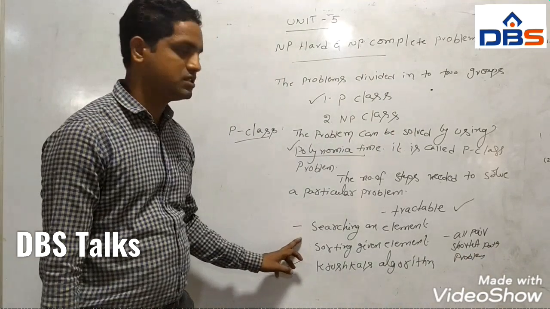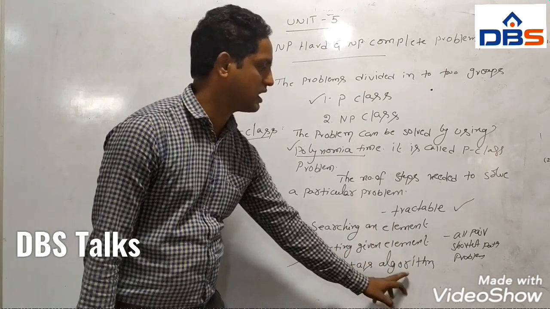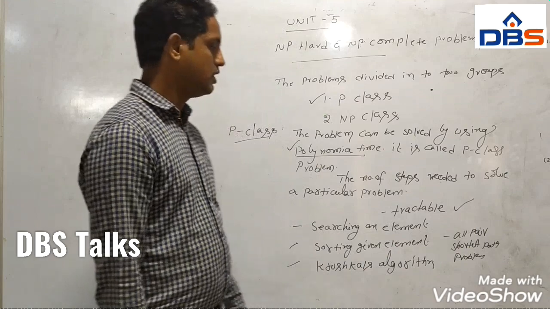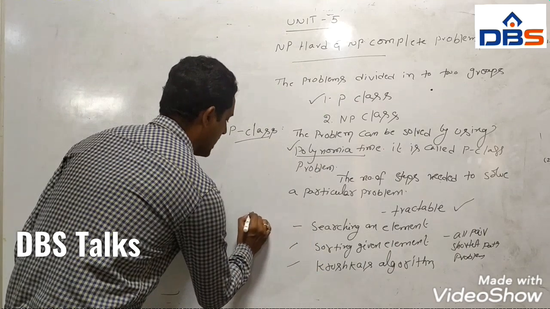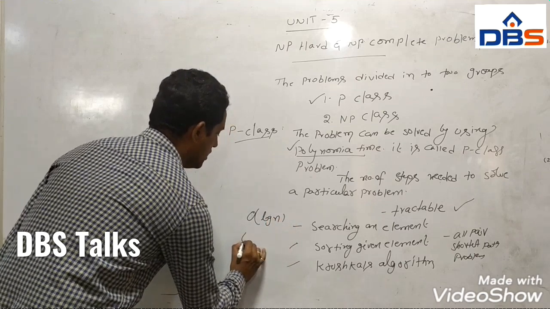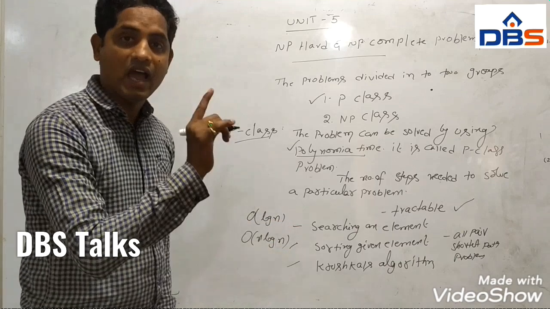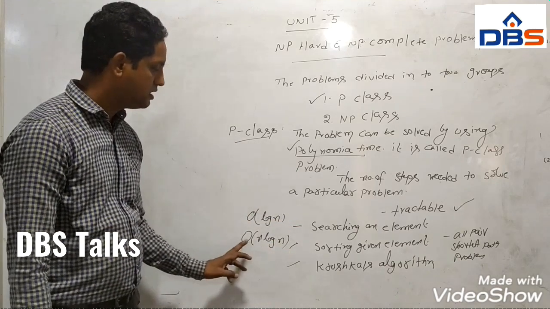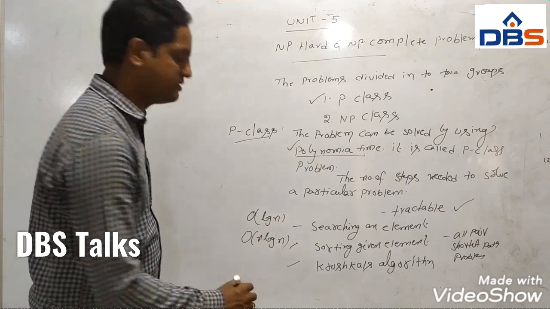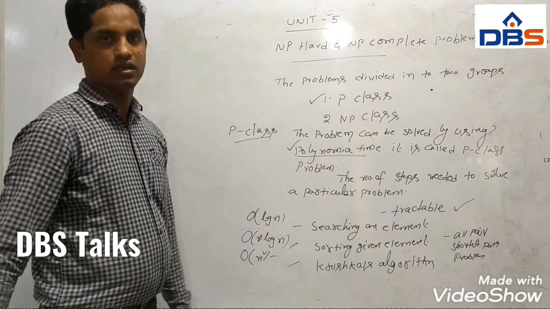Searching an element has time complexity big O of log n, and sorting is big O of n log n for the average case for quick sort, and the worst case is big O of n square for quick sort.